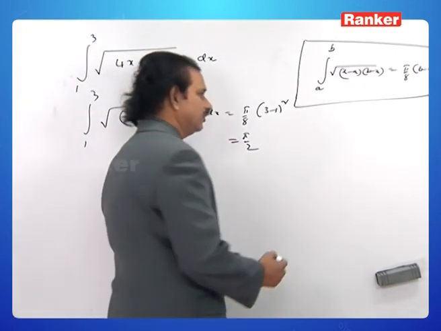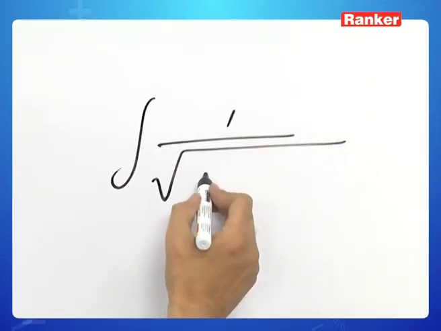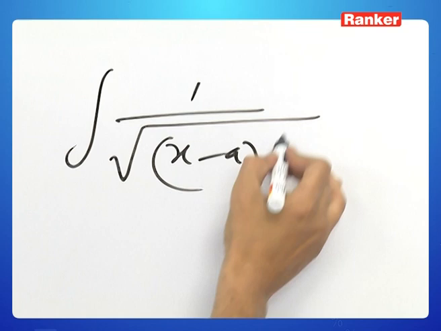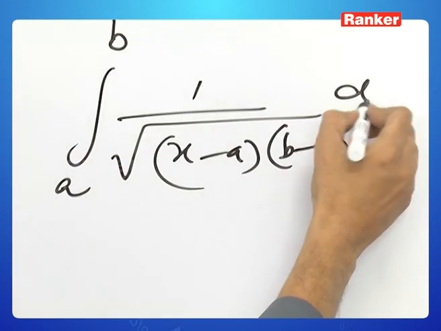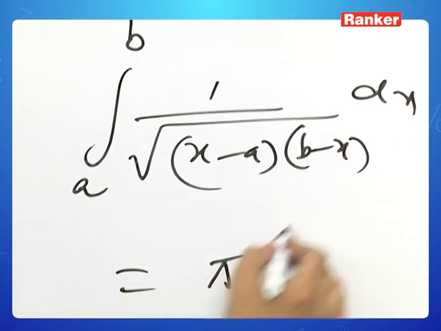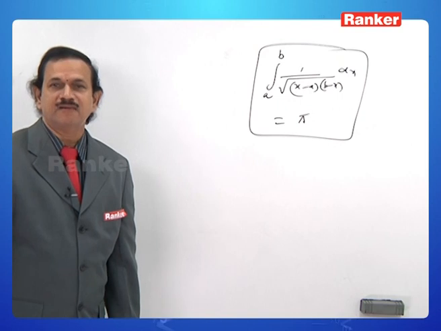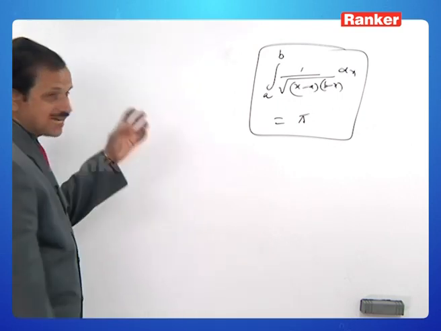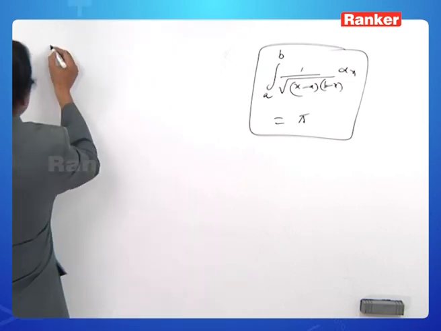Another thing is also there. Integral of 1 by square root of x minus a into b minus x dx between the limits a to b is just nothing but pi. Just nothing but pi, as it lies in the denominator. Well, you tell me the answer.